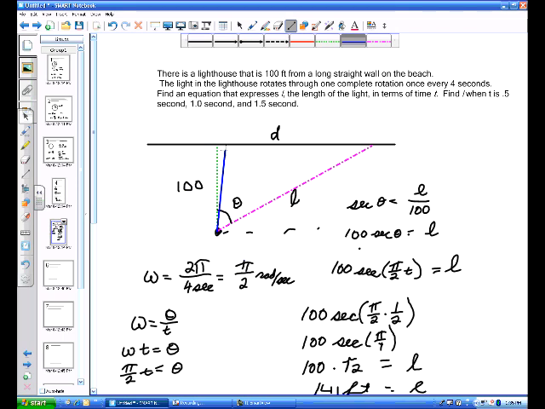Here it makes sense that it's 100 feet, but remember at the same time, the light's shining out this way, which is going to keep on going. So it would give us a negative on that one also. And so this is what we're dealing with as we look at how the length of that line is changing as we go around.